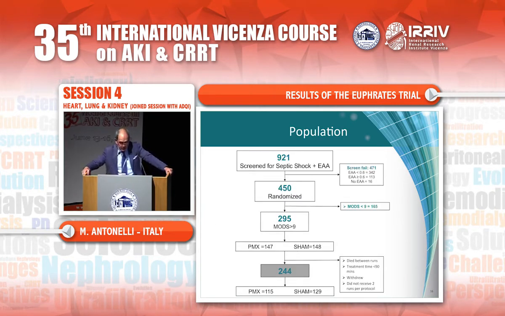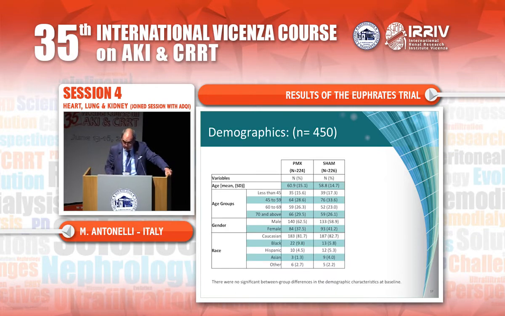The population initially screened consisted of more than 900 patients, randomized 450, and those who had MODS above 9 were 295. Ultimately, there were 244, 115 receiving the polymyxin filter, and 129 belonging to the sham group.